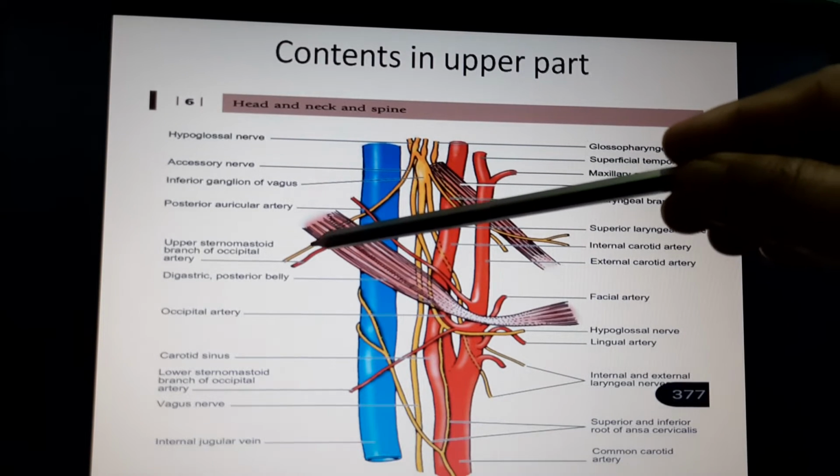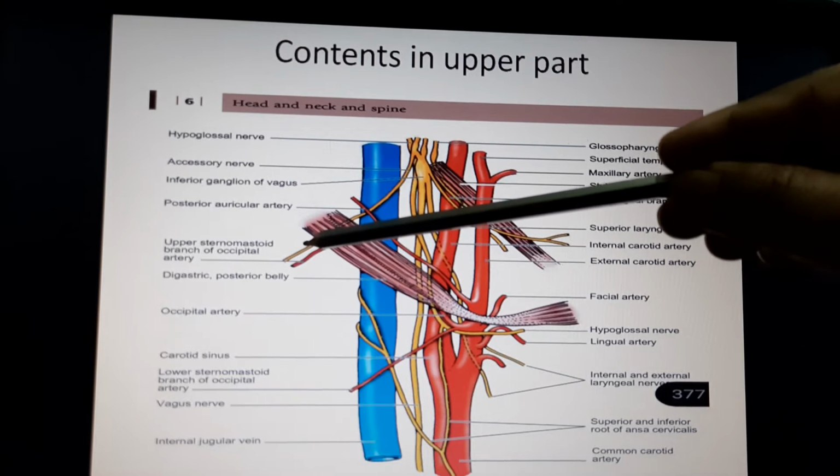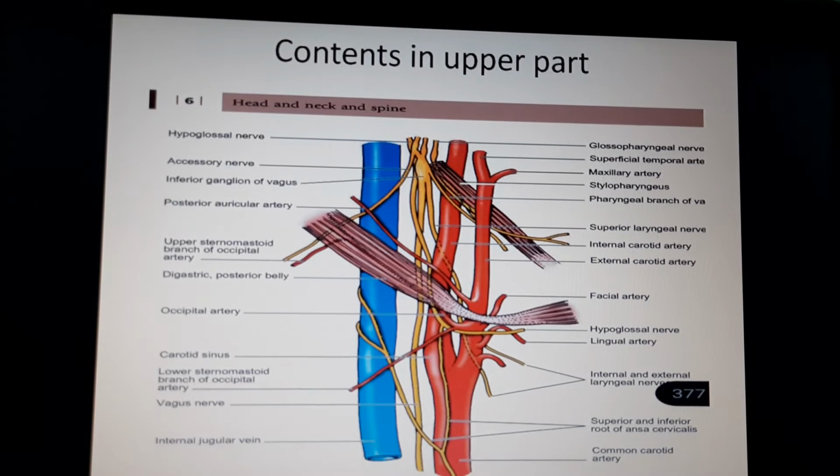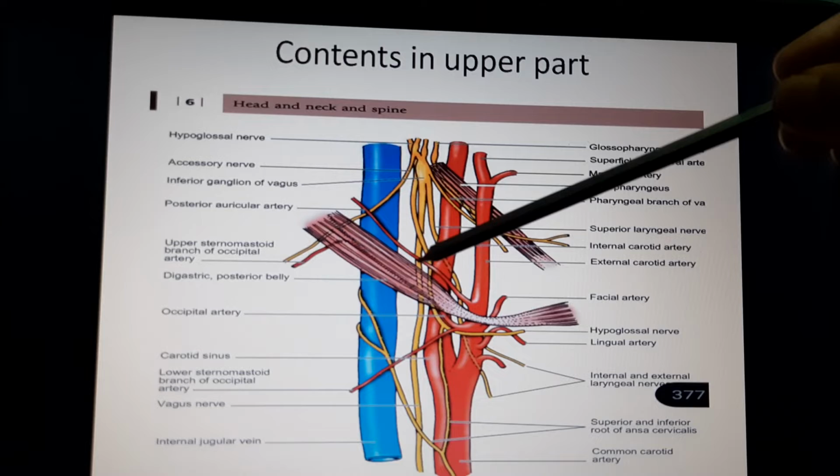Then it crosses the middle part of the sternocleidomastoid, and you have already seen this nerve in the posterior triangle of the neck.